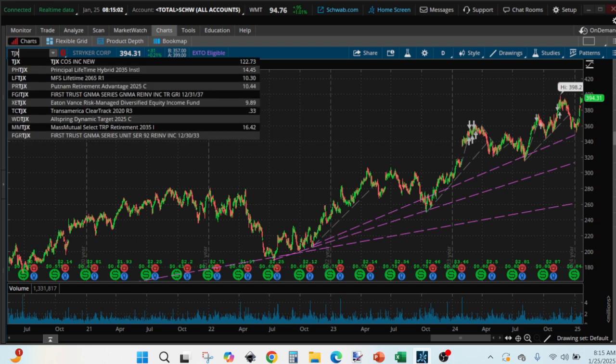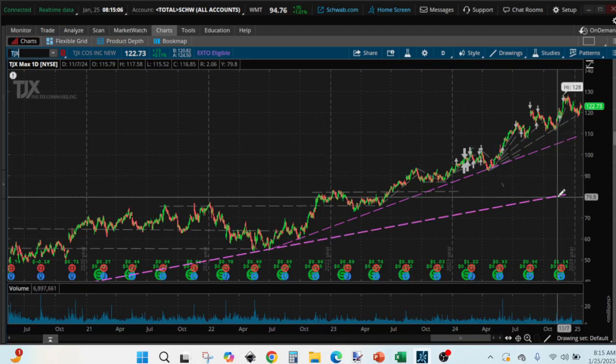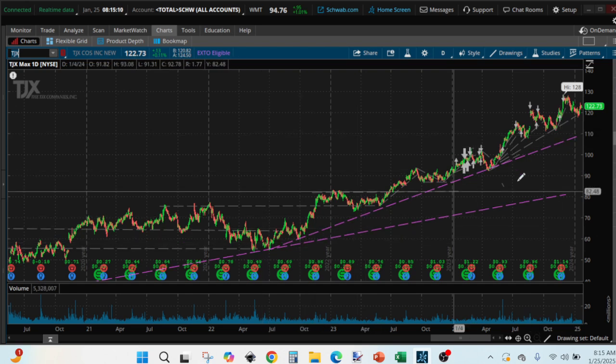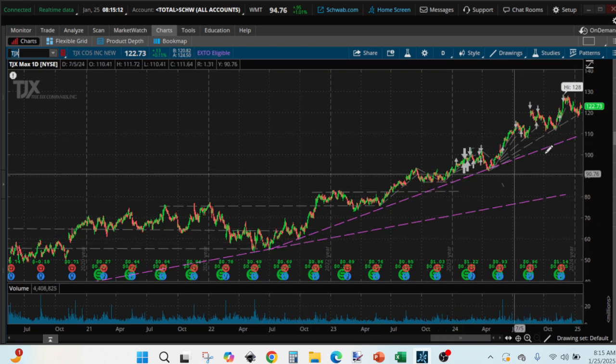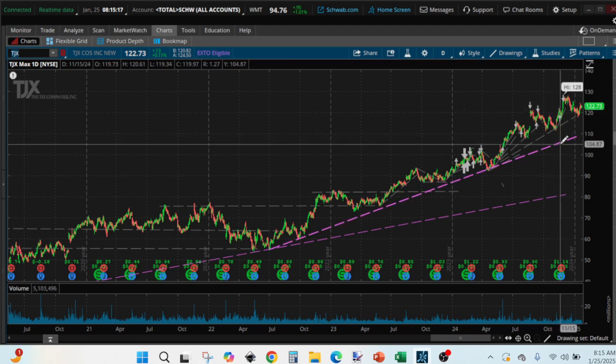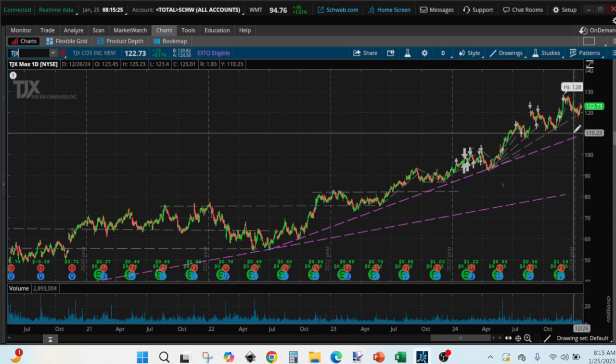So TJX is the next one to analyze, and we have our long option lines that we like to buy at. They are the support lines passing by the valleys of the mountain. We like to wait for the price to fall back on it, and when they start making higher lows around that area, we'll buy at the first or second green bar after a pullback.